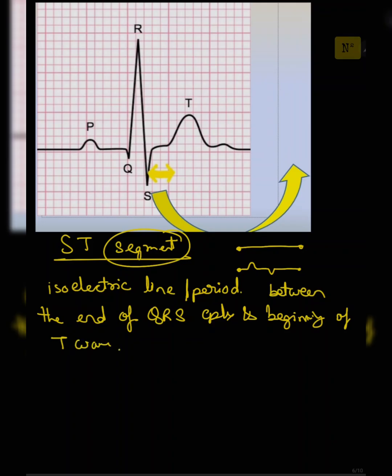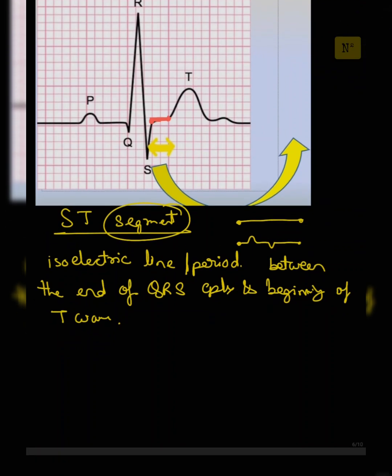After the end of the S wave, this is the end of the QRS complex, the first point, and this is the point at which the T wave starts. This isoelectric line is called the ST segment.